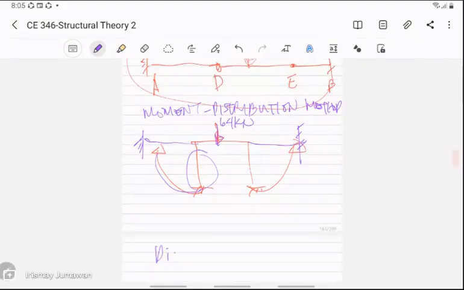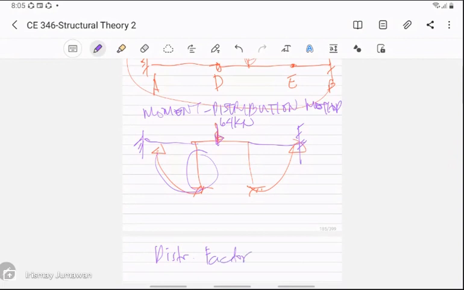So you stretch it, then you can solve it like the beam using moment distribution method. The fixed end moments in our moment distribution method are the same as the fixed ends in our slope deflection method. However, we have to solve it using the distribution factor.